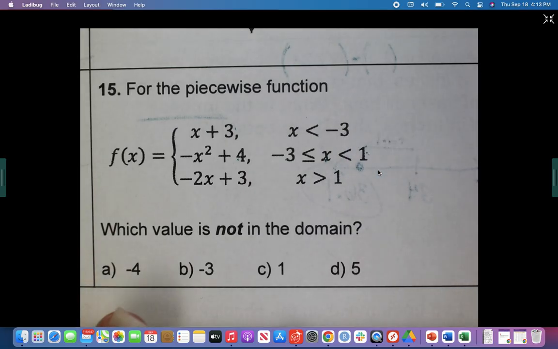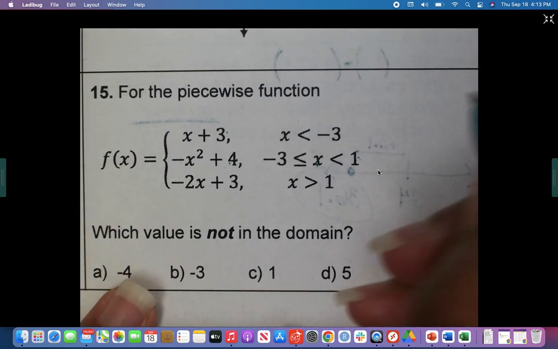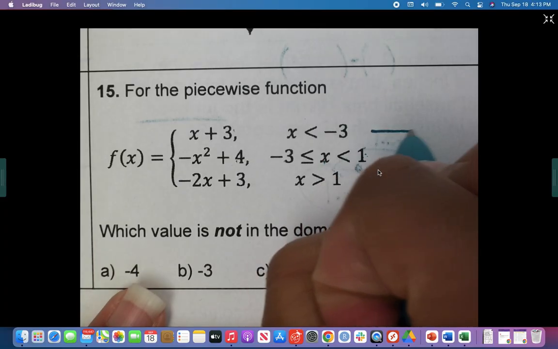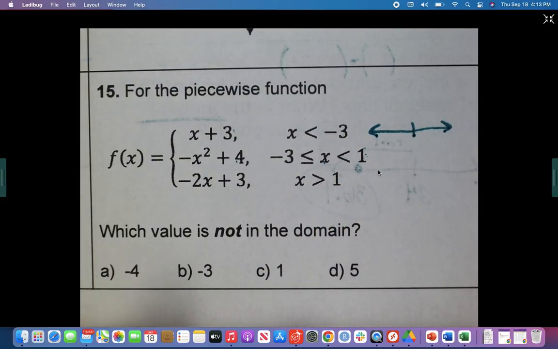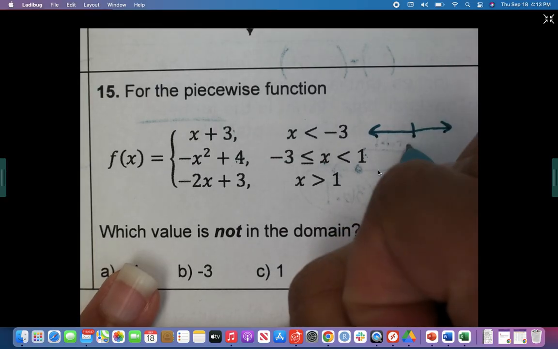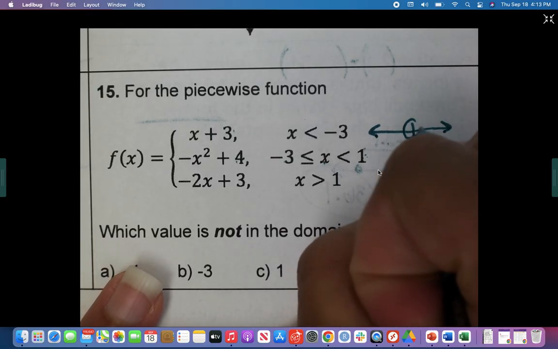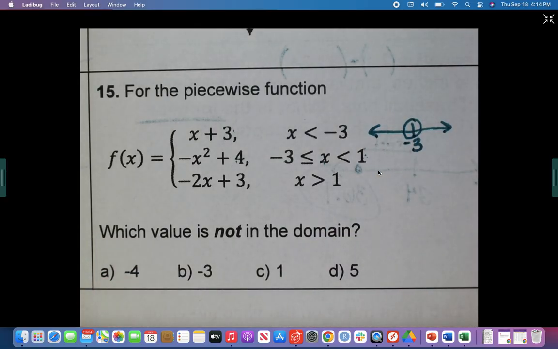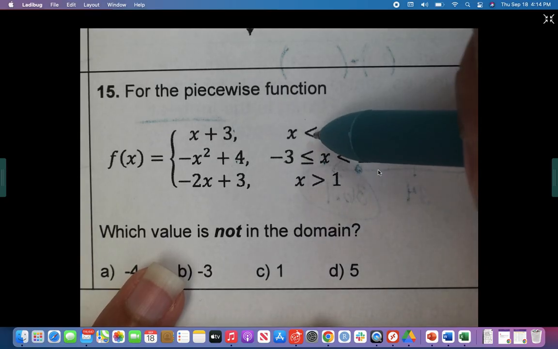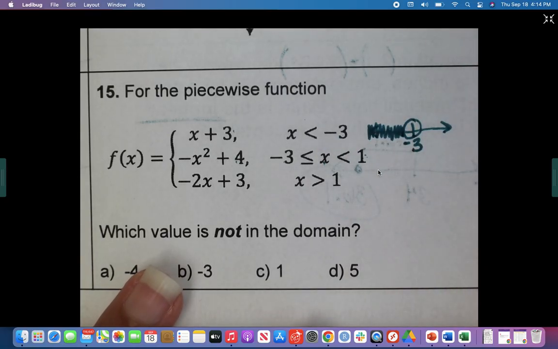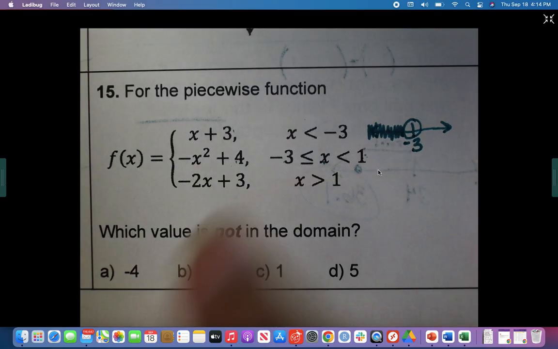So if it helps you, you could also draw what that means on your number line. So I'm going to do that right quick. So x is less than -3. So I'm going to put -3 right there. It's not allowed to equal, so that would be an open dot. And I would shade to the left because that's pointing left, so I want everything smaller. All right, the middle one.